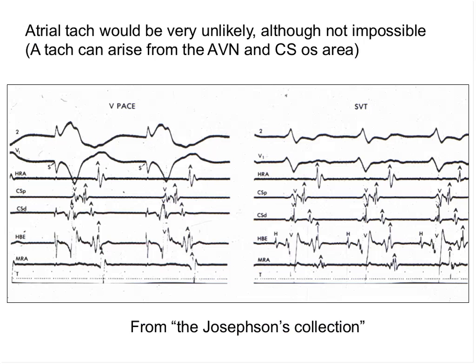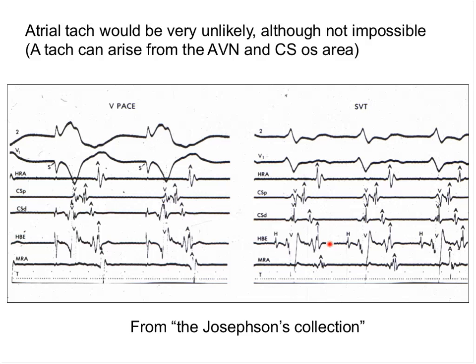In the right panel, you can see what happens during SVT, and I want you to look at the atrial activation sequence. We can see here the coronary sinus, proximal, distal. We can see the high right atrium, and we can see the atrium at the His bundle area.